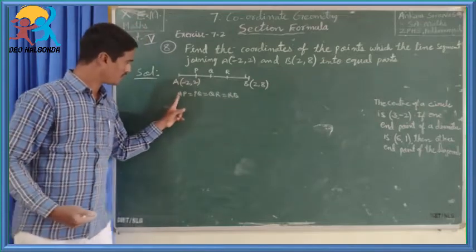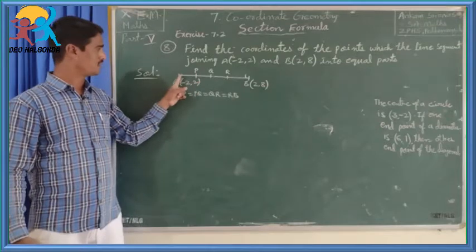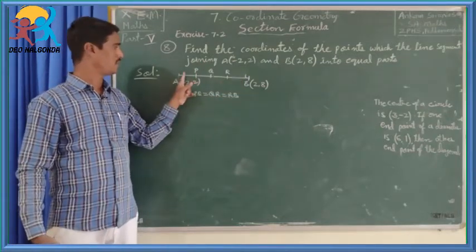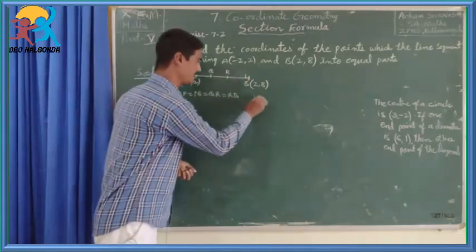So solving this problem, to find P, take the ratio 1:3. Here A to P is 1 part, P to B is 3 parts, 1:3.